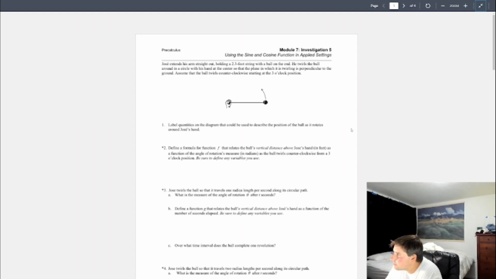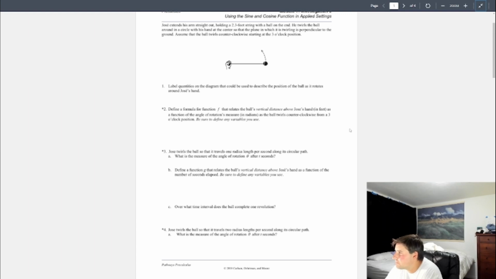Label quantities on the diagram that could be used to describe the position of the ball as it rotates around Jose's hand. Quantities: you could say position X, position Y on the ground.